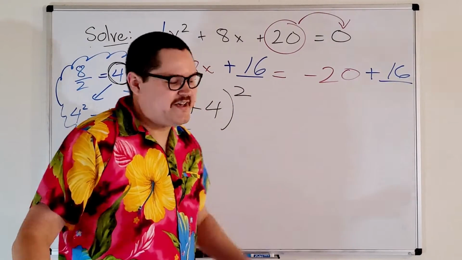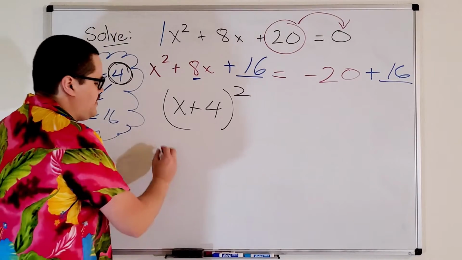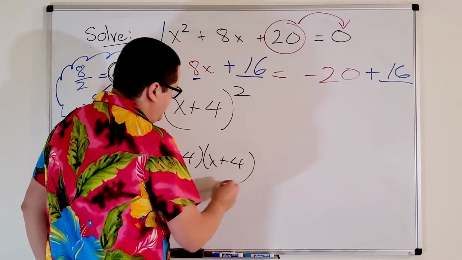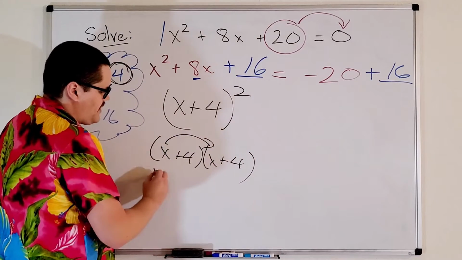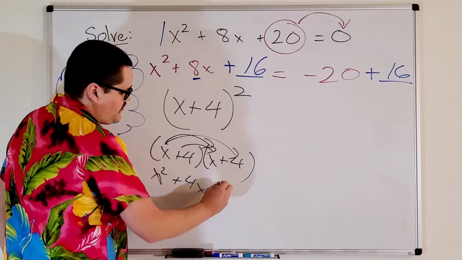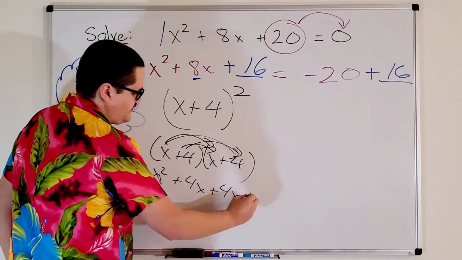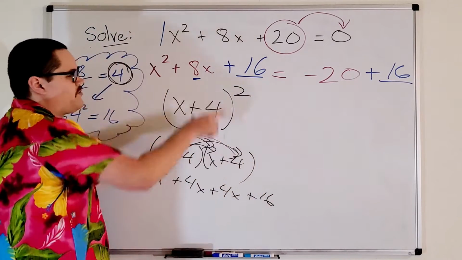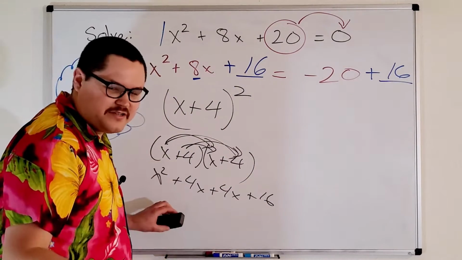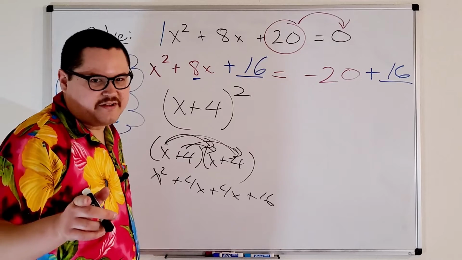Well, just to check, I'm going to FOIL x plus 4 times x plus 4. And I do indeed get x squared plus 4x plus 4x plus 16, which is x squared plus 8x plus 16. So this should always happen if you did it correctly.